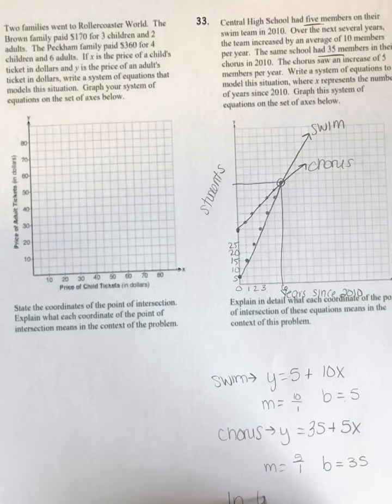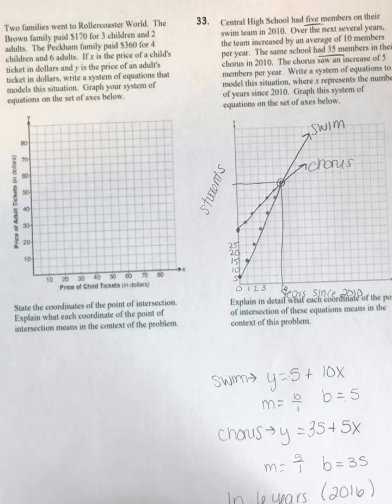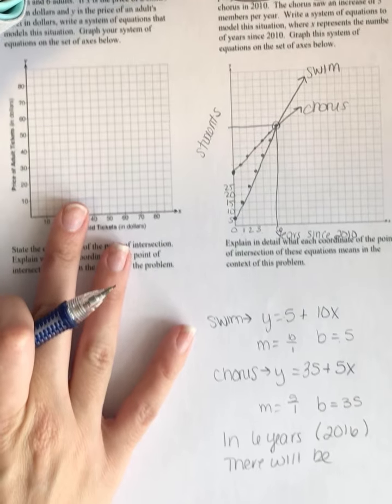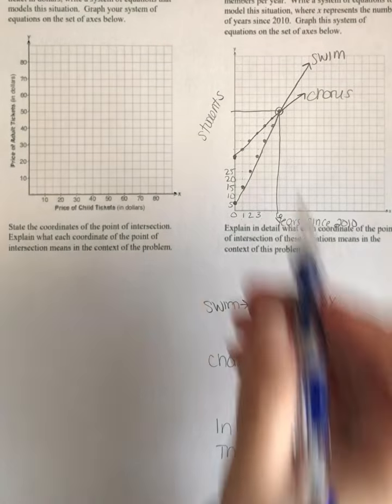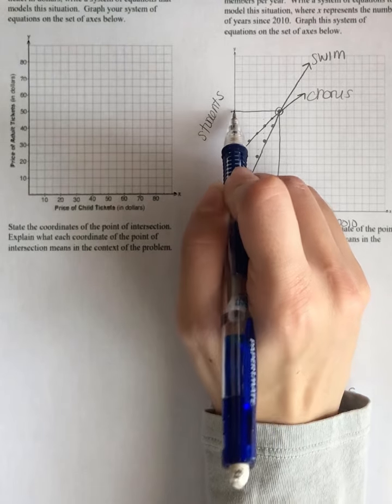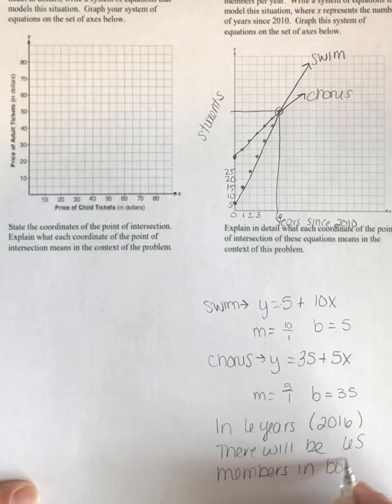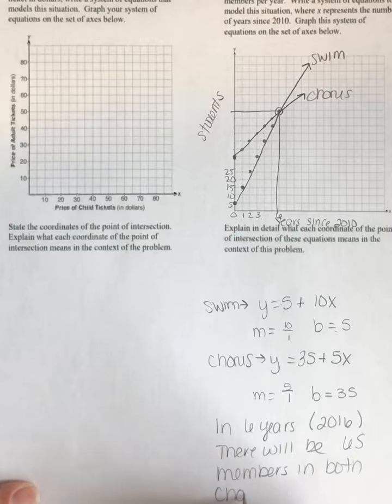So in 6 years, which would be 2016, there will be, let's count, 25, 30, 35, 40, 45, 50, 55, 60, 65 members in both chorus and swim team.